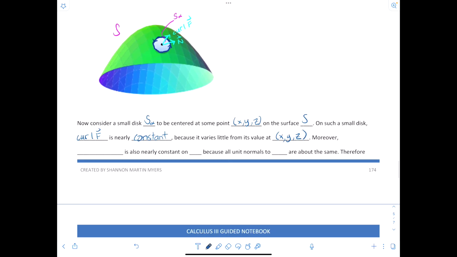Now, moreover, the dot product of curl F and N is also nearly constant on the little disk S alpha, because all unit normals to S alpha are going to be about the same.